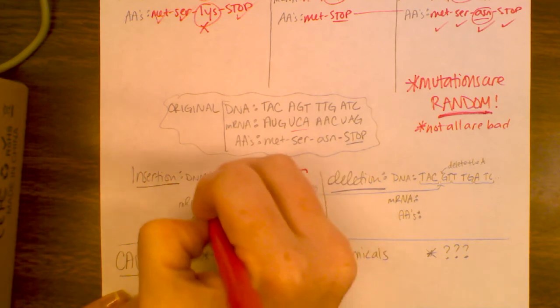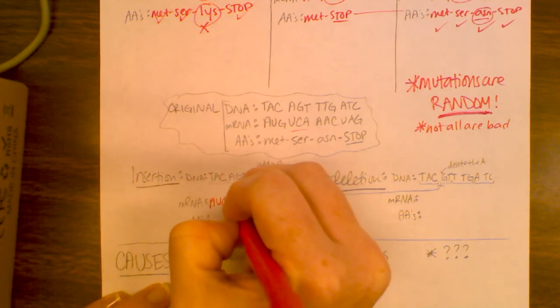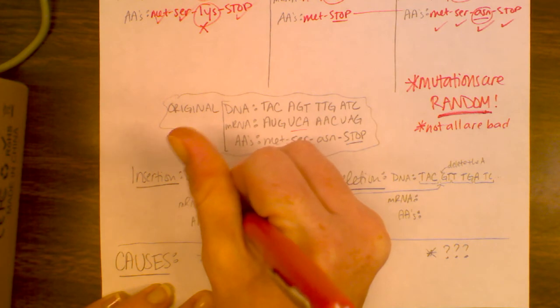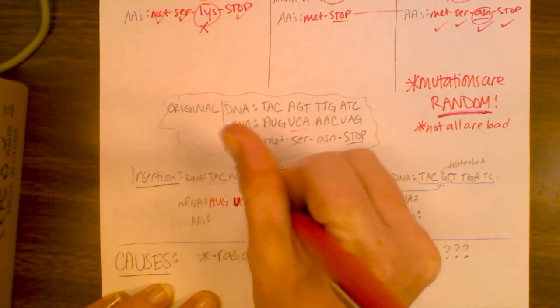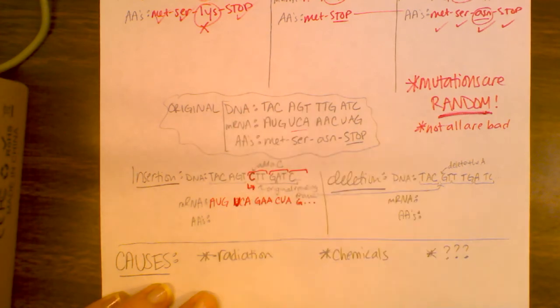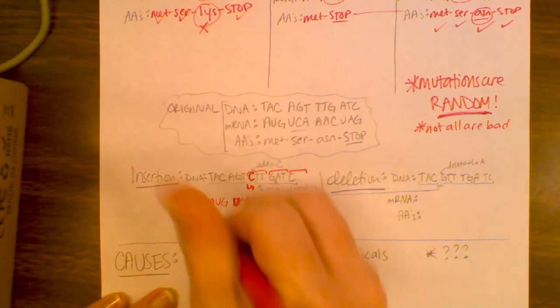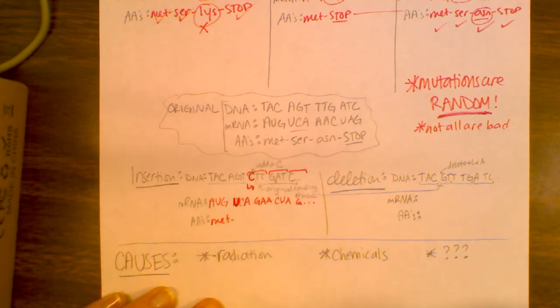So now the mRNA is going to be AUG, UCA, GAA, CUA, and then a G that's kind of left by itself there, which would make it MET. Let me see, UCA is serine. That one actually didn't change.